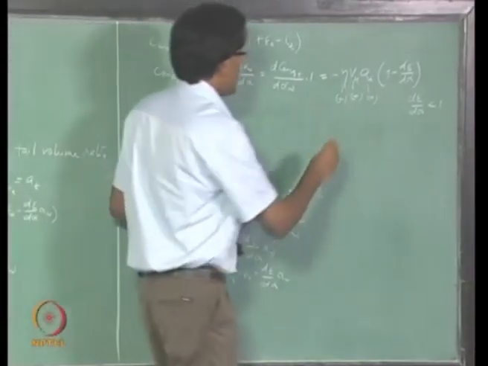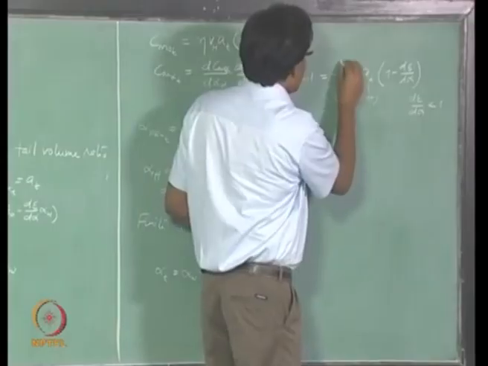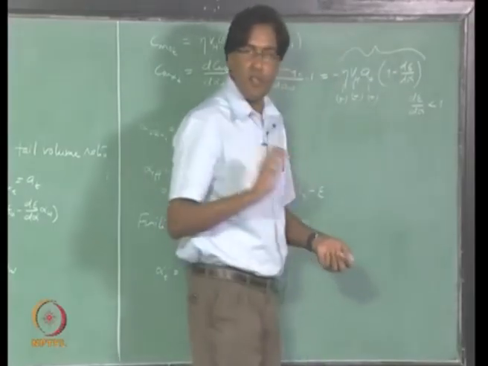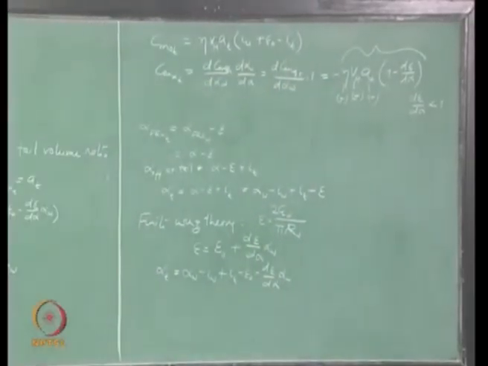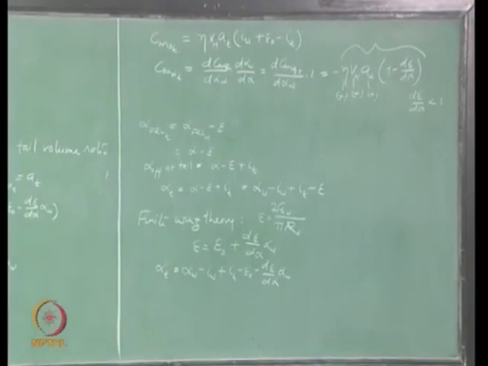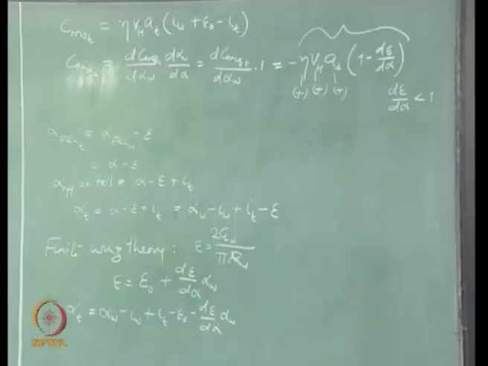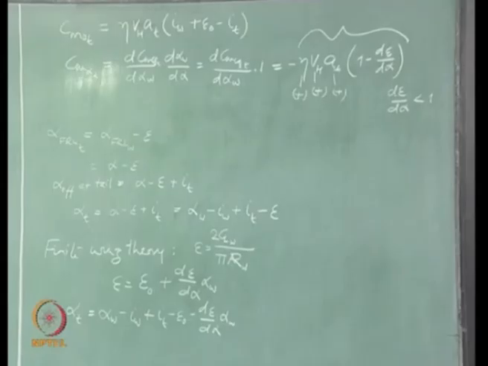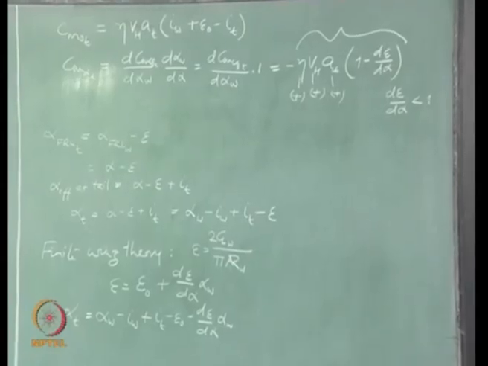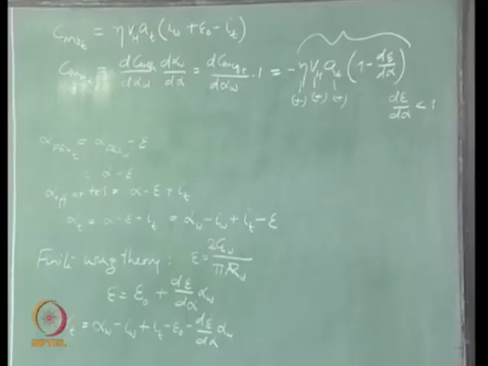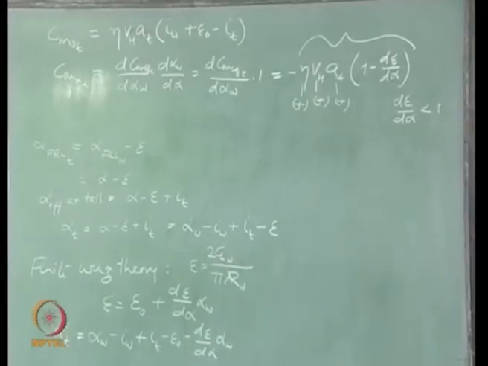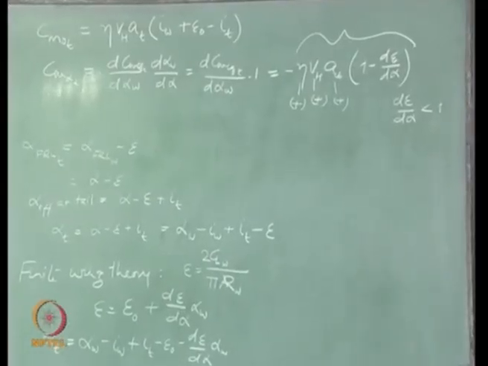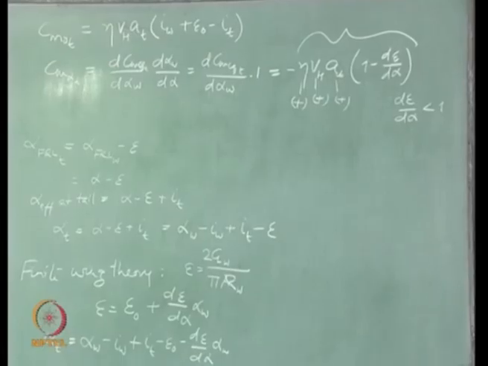So, overall you are going to achieve what you started with, you wanted to add a tail so that you can get Cm alpha curve for the airplane to become negative, right. For the wing alone configuration it was coming out to be positive, the slope, right.